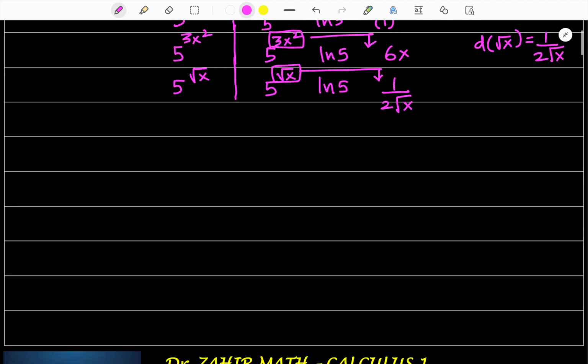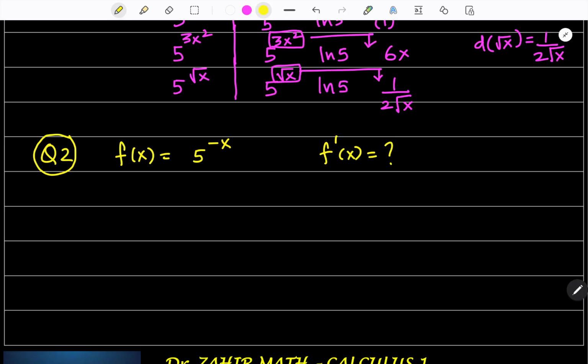Now the first question we are going to do is question number 2. f of x is equal to 5 power minus x, and they ask you to find the derivative f dash of x.